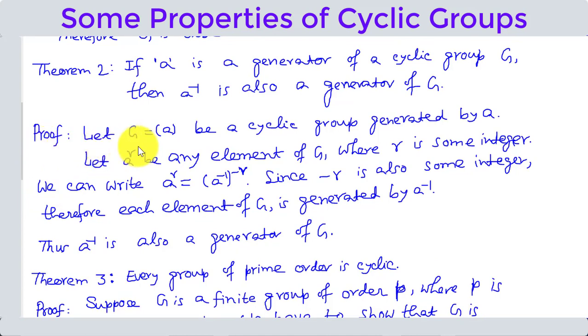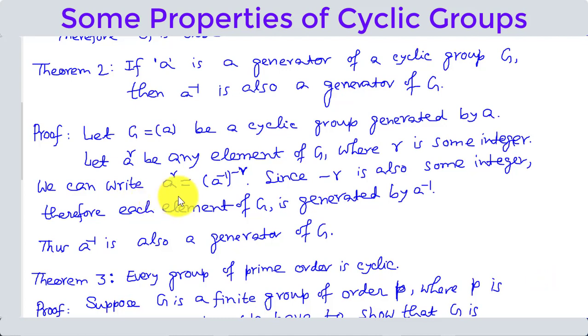Let G be a cyclic group generated by a. Let a to the power r be any element of G where r is some integer.